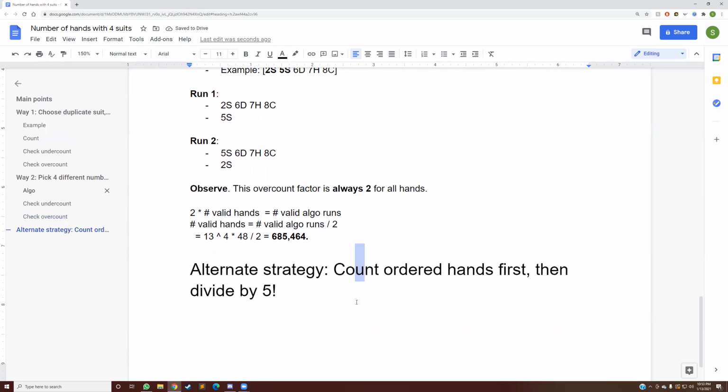Sometimes I go by this mindset too because it's easier for me to reason about ordered hands sometimes. So we can go with the strategy, but the problem now is the number of valid ordered hands that satisfy the constraint. Okay, let's try to solve this problem. And we ignore the 5 factorial. We save it for later because that's the easy part.